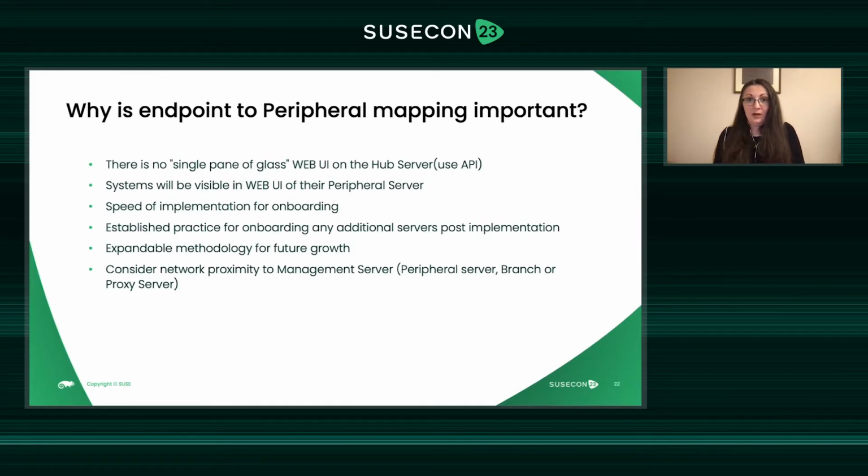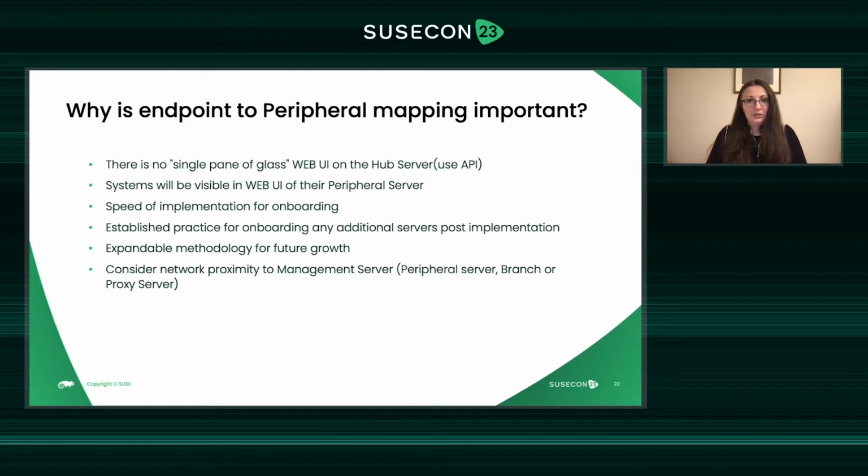We want to decide how many peripheral servers we want. And we also would like to speed the onboarding of these systems. So once we decide this mapping, this is going to help us with the speed of implementation for onboarding all of the servers in a programmatic way to the right peripheral that they should go with.